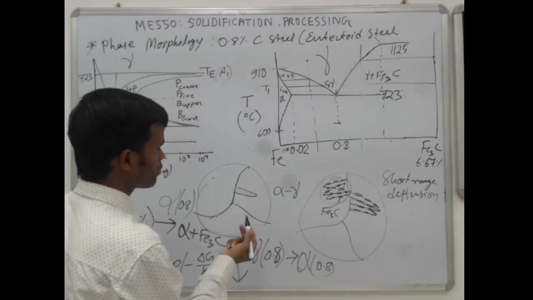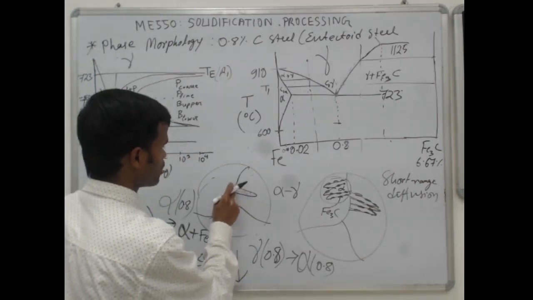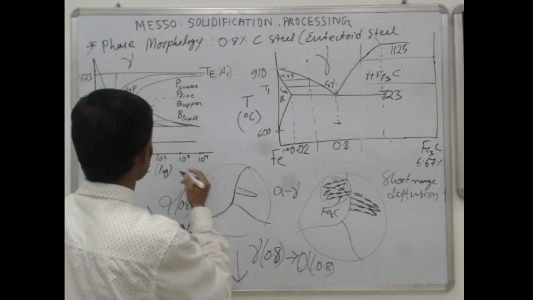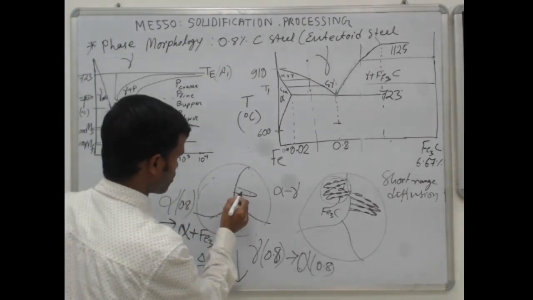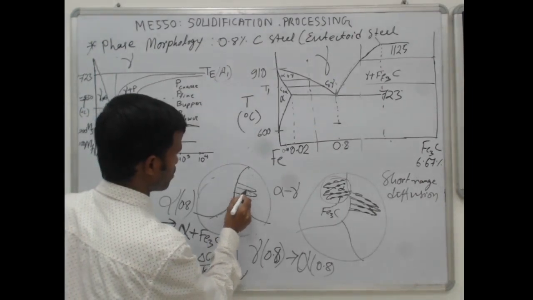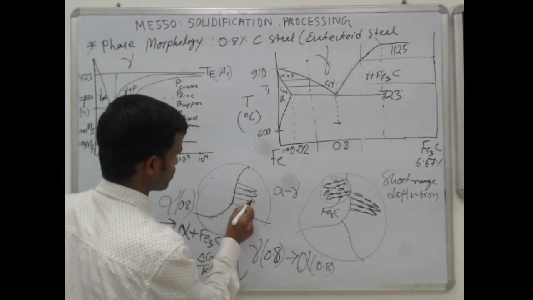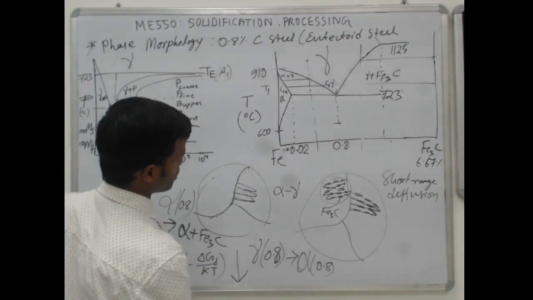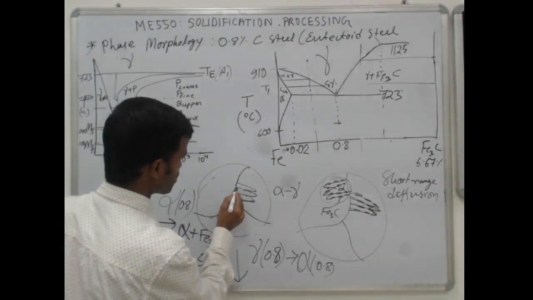Now they don't have that much thermal activation because temperature is less, so they cannot diffuse to the boundaries. So what happens? They diffuse inside.